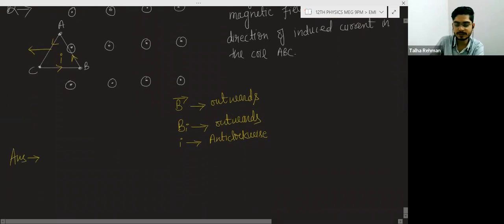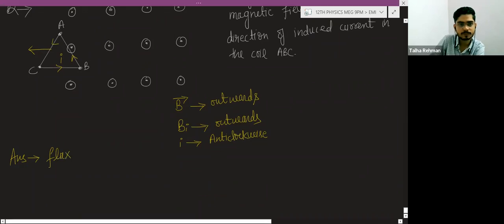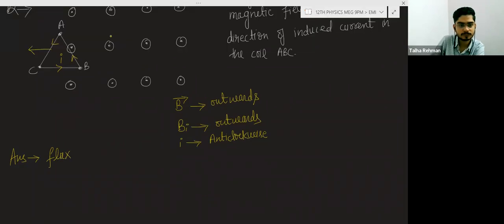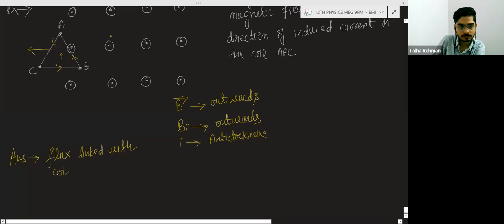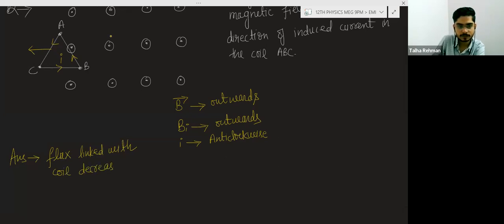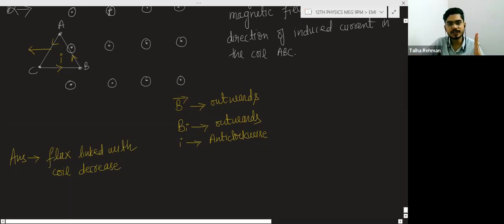You can write that the flux linked with the coil decreases. The flux linked with this coil is decreasing because this coil is leaving the magnetic field.